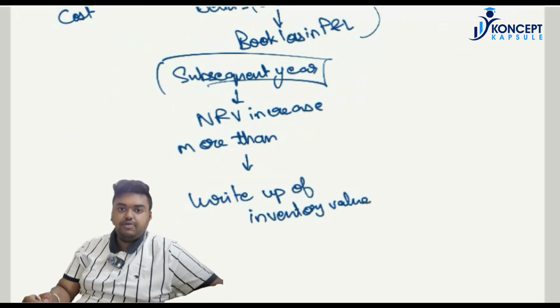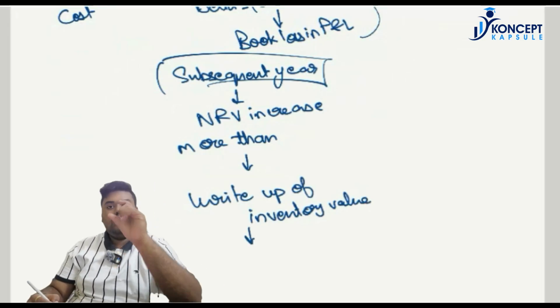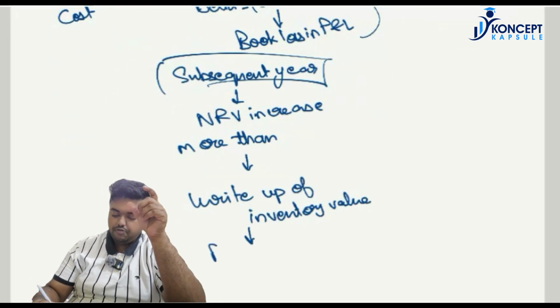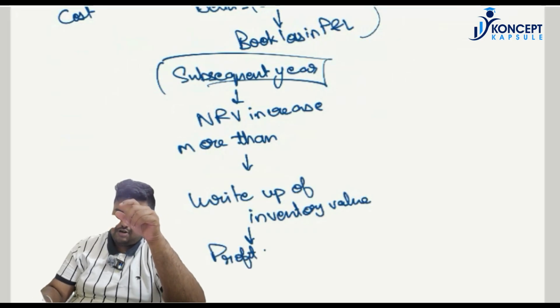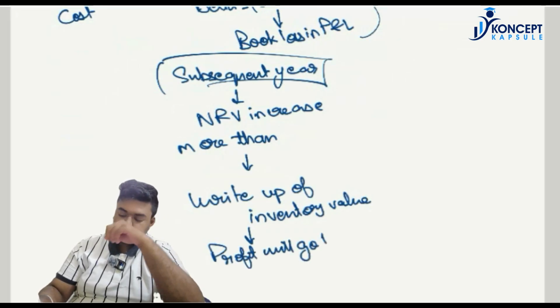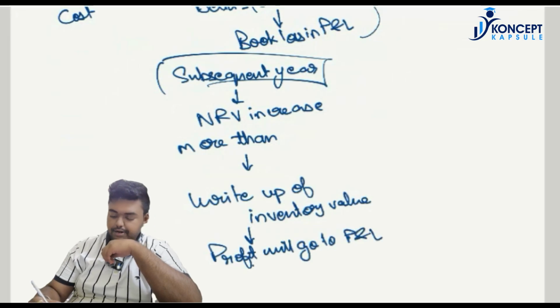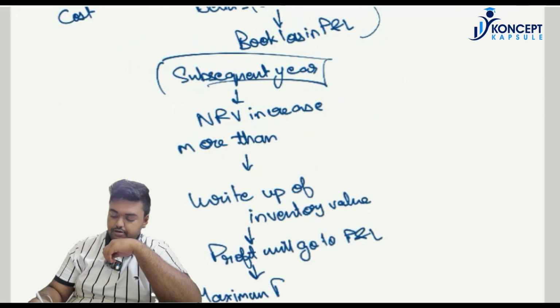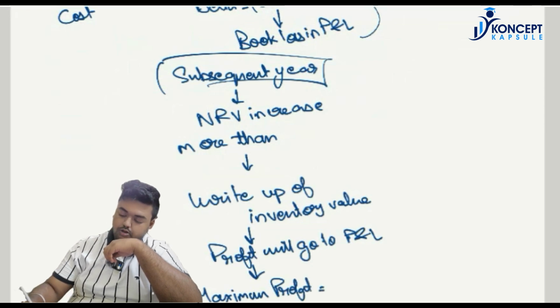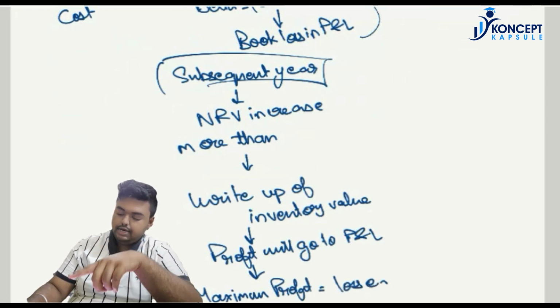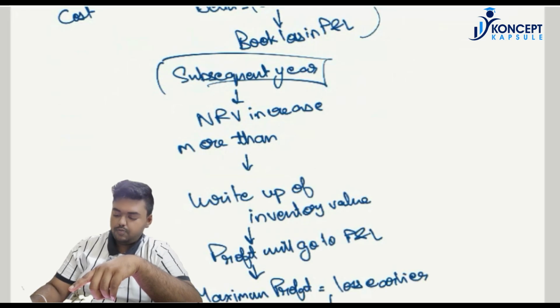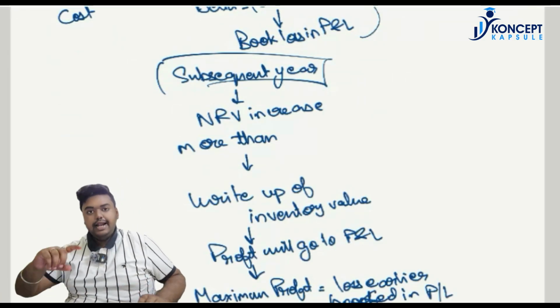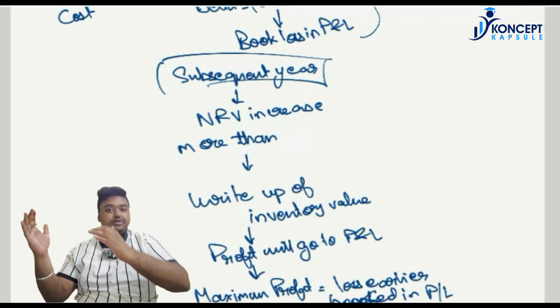On the write up of inventory value, profit will go to PNL. But the maximum profit would be equal to the loss earlier booked in PNL. So in no case can the write up of inventory be more than the value it was written down.